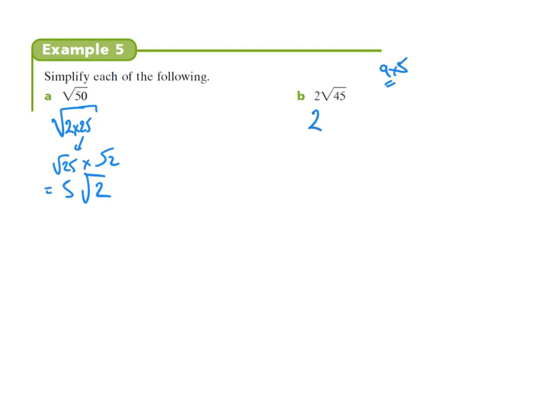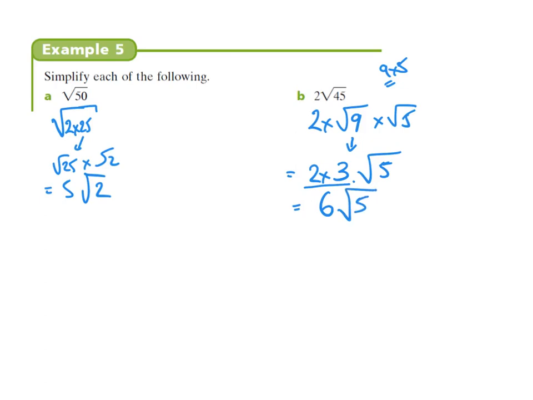So this becomes 2 times square root 9 times square root 5. So we're really pulling that 3 out of there, 2 times 3. And the square root 5, we're just going to leave in surd form, so that's times square root 5. And that whole thing simplifies to 6, so we just multiply the two numbers in front together, times square root 5.